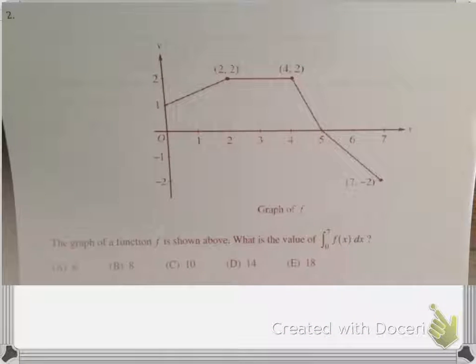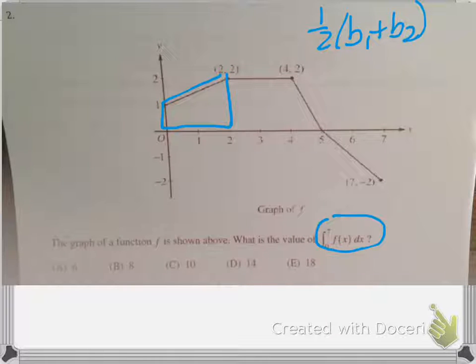Okay, so this is number 2. So you're being asked to find the area under the curve from 0 to 7. And so when you look at this picture, hopefully, you're going to see some shapes in here. So right here we have a trapezoid. So the area of that is going to be 1/2 base 1 plus base 2 times the height.